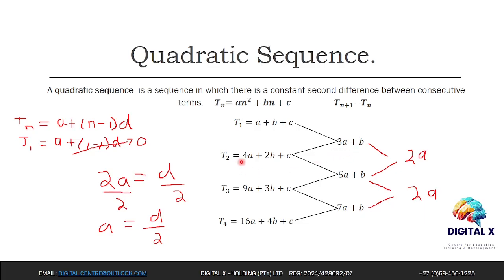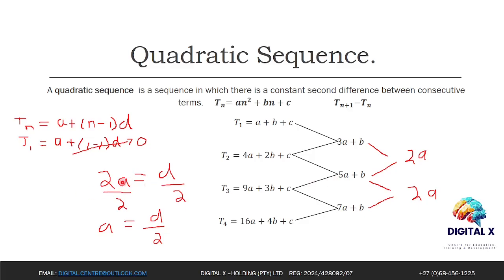The same applies if we subtract this from that. So for us to get 2a, we're just going to do the exact same thing with the entries on this side, subtracting this from that and this from that to get 2a.